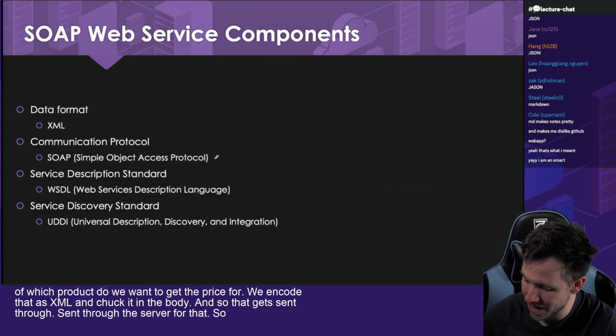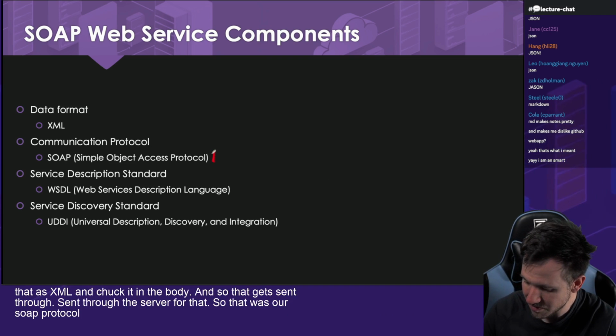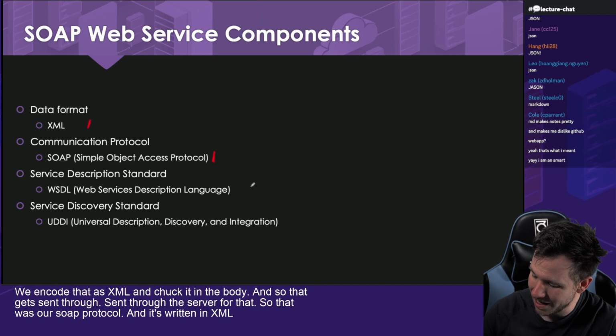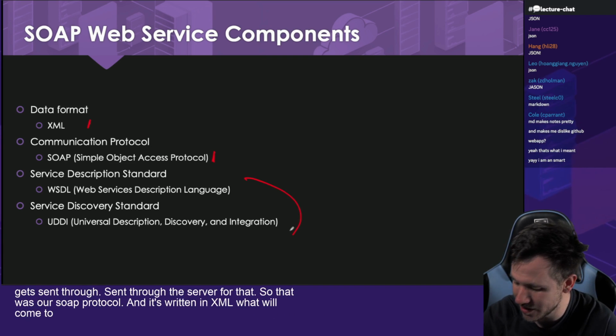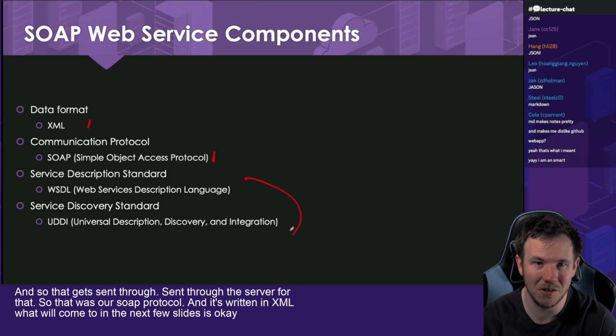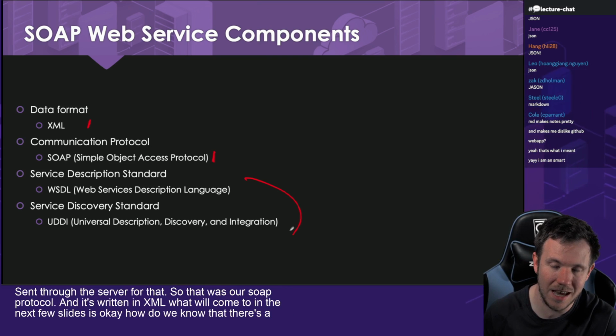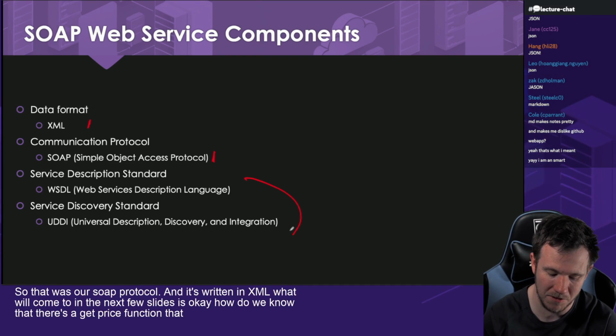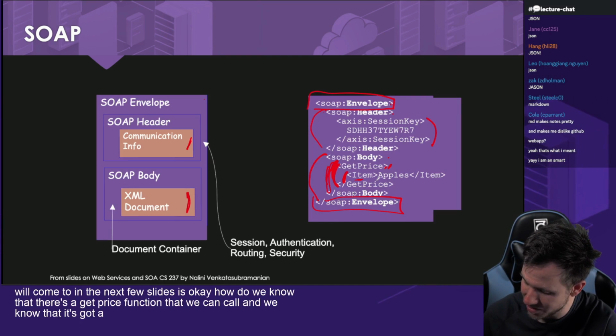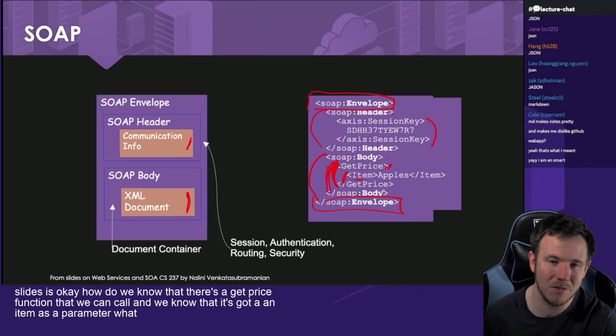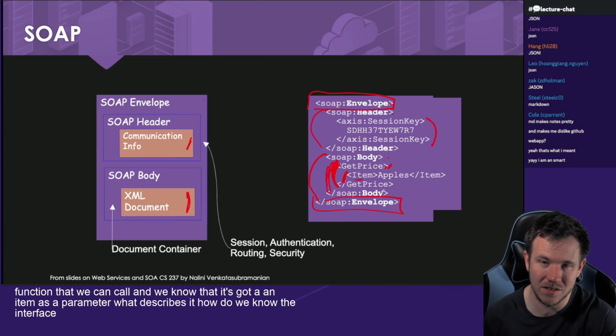So that was our SOAP protocol, and it's written in XML. What we'll come to in the next few slides is, how do we know that there's a getPrice function that we can call, and that it's got an item as a parameter? What describes that? How do we know the interface for this server? How do we know what all the other possible functions are?